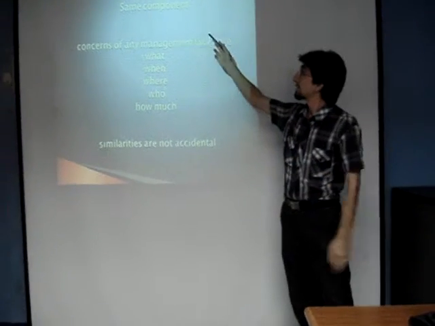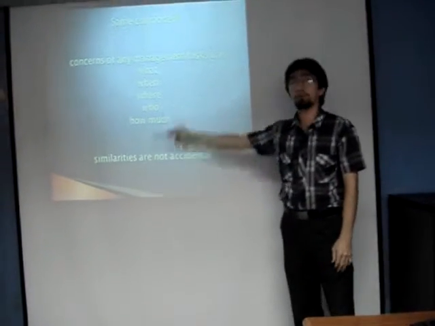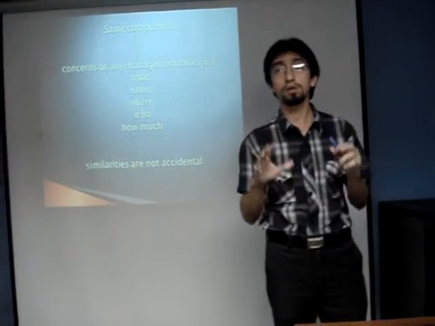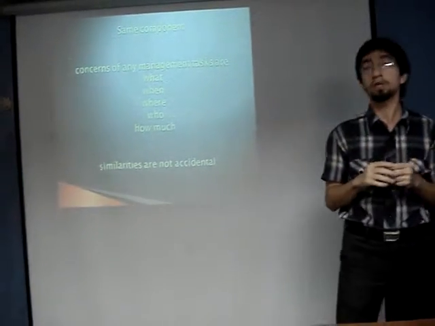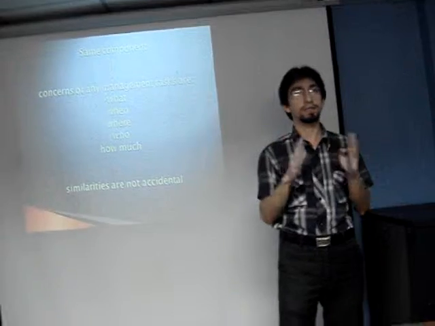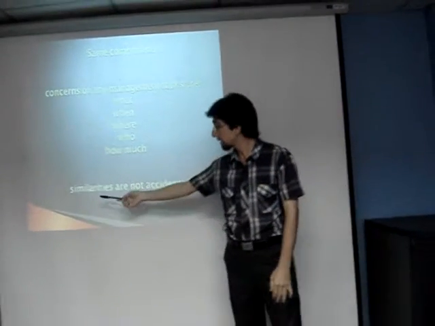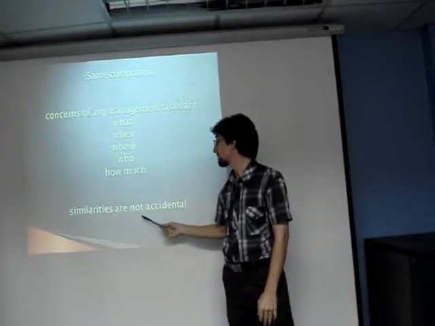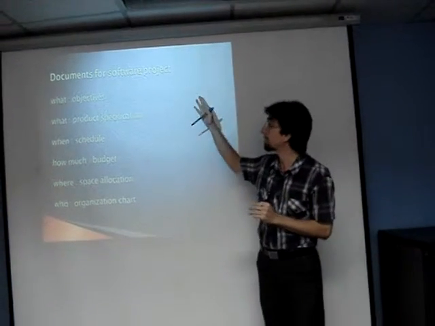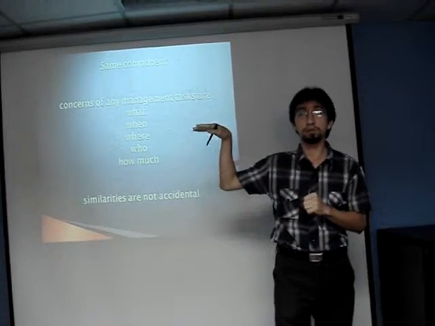These items, the same components and the WH questions, are the same for all projects. In all projects we should have these two items. So in all projects we have parts that are the same. So we can say that similarities are not accidental, because in all projects we have the same components and also WH questions.